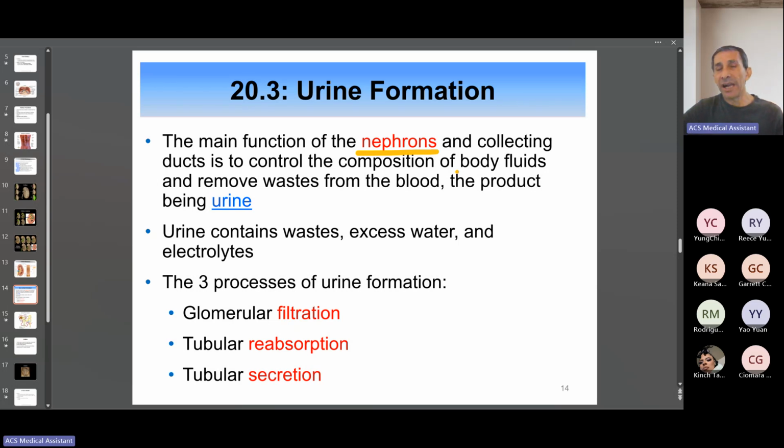Each kidney has 1 million nephrons. In other words, each kidney is made of 1 million nephrons.